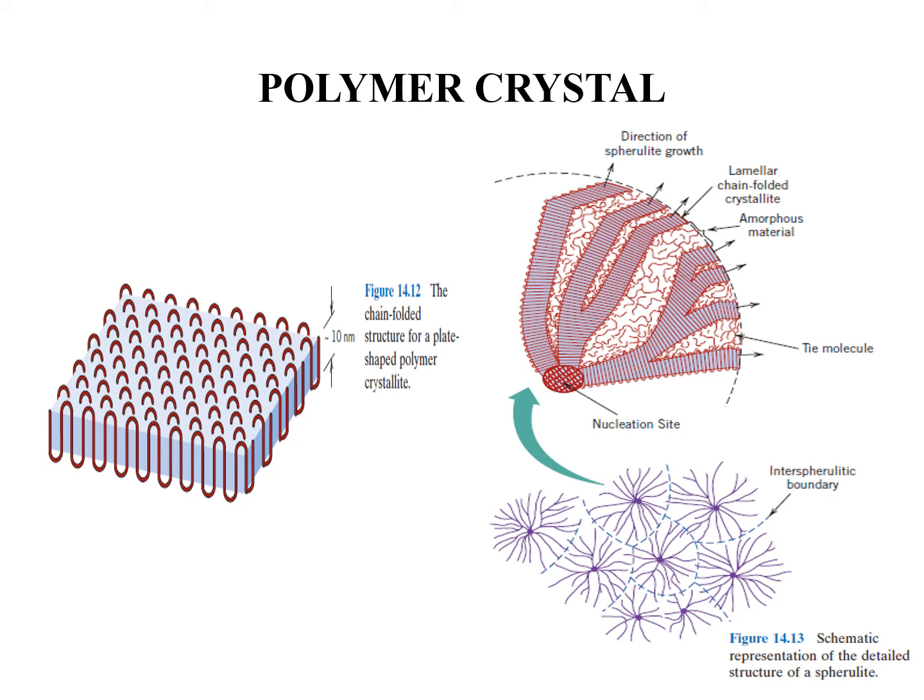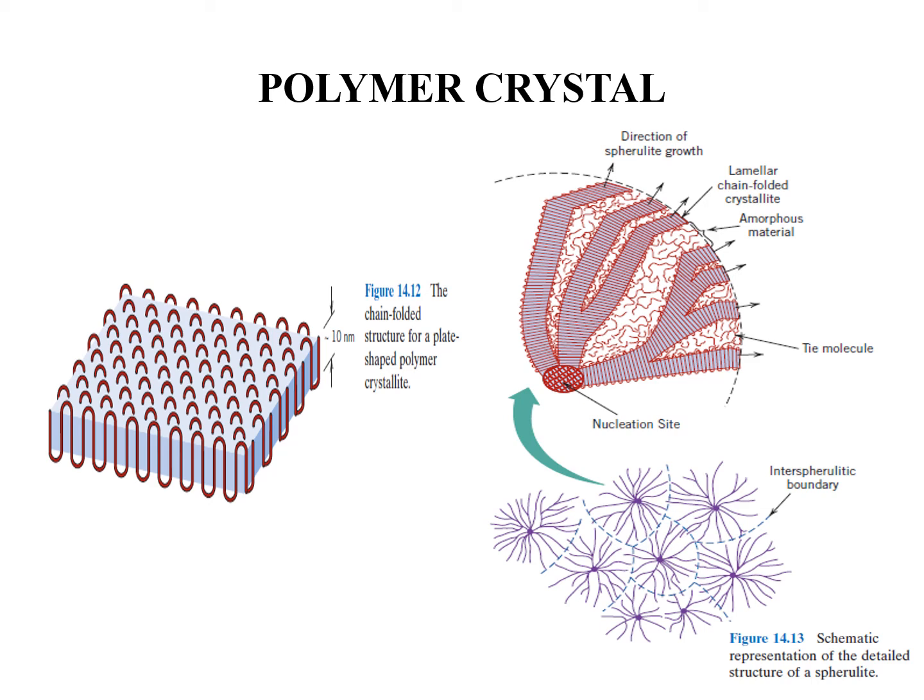Okay. Now polymer crystal. It is noticed that a semicrystalline polymer consists of crystalline regions and amorphous regions.